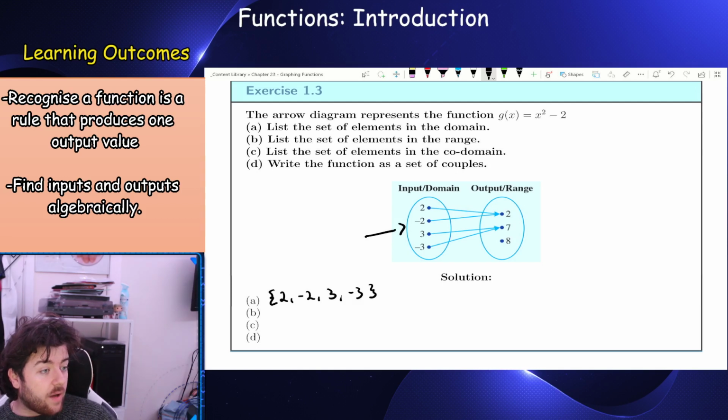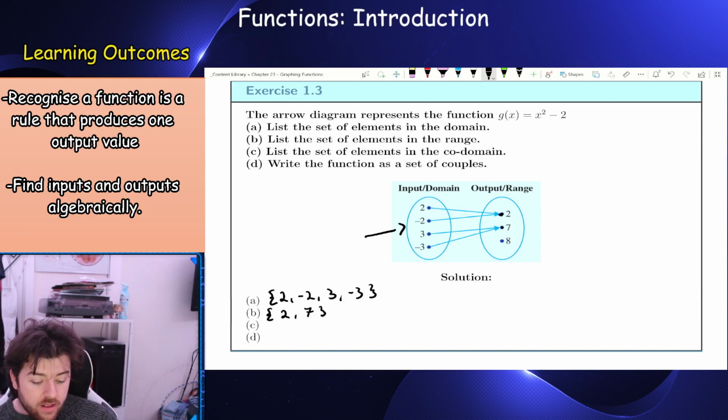That's the set of my inputs. List the elements in the range. So the range is the set of actual outputs I received. So if you see here, all my arrows either point to 2, so 2 is a part of my range, and 7. And 7 is a part of my range. So 2 and 7 are my range. They are the actual outputs I received.